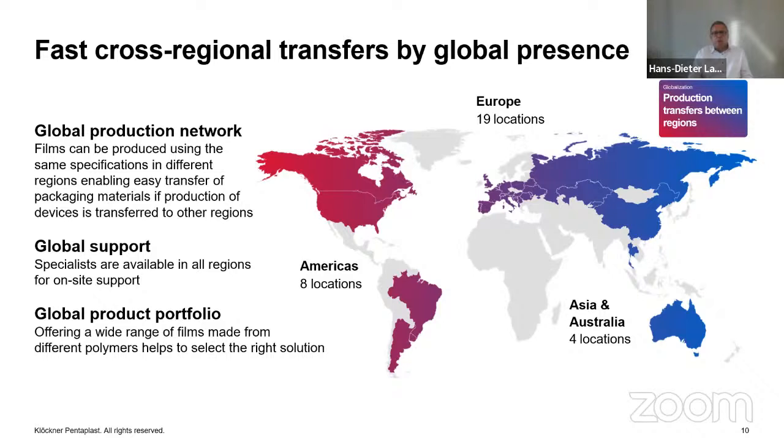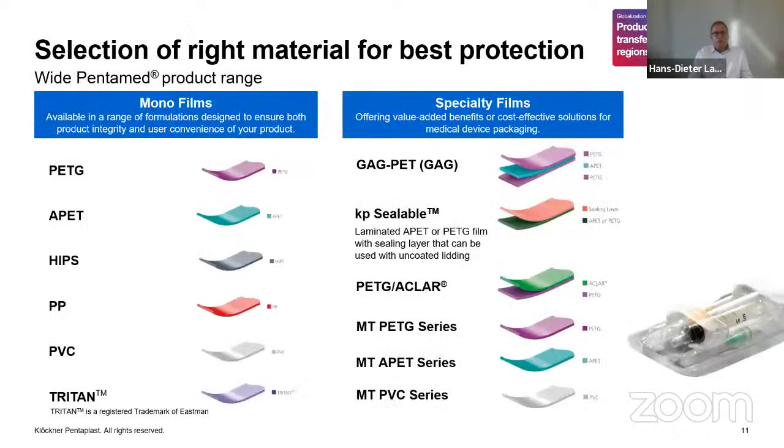And it's good to have a selection of materials of different polymers. It's mainly PETG for class 1 and class 2A medical devices because of sterilization, rigidity, long life, and stability. But there are others like APET, polystyrene, polypropylene, PVC, or specialties together with GAG and KPC label, which I will show in a moment, and barrier material, a special material for secondary packaging where the requirements are not so high.